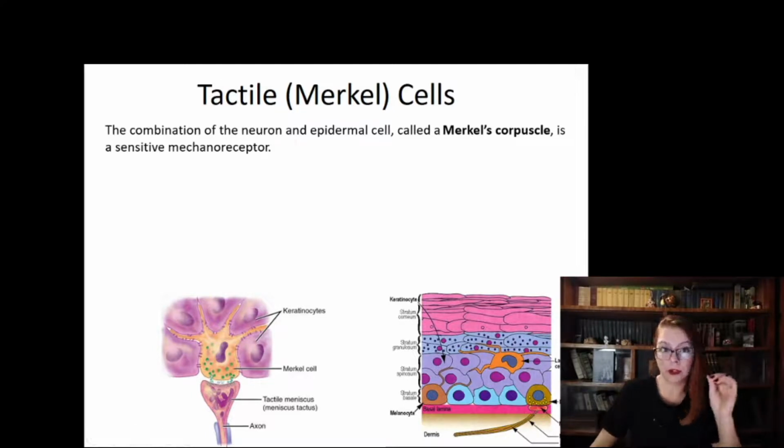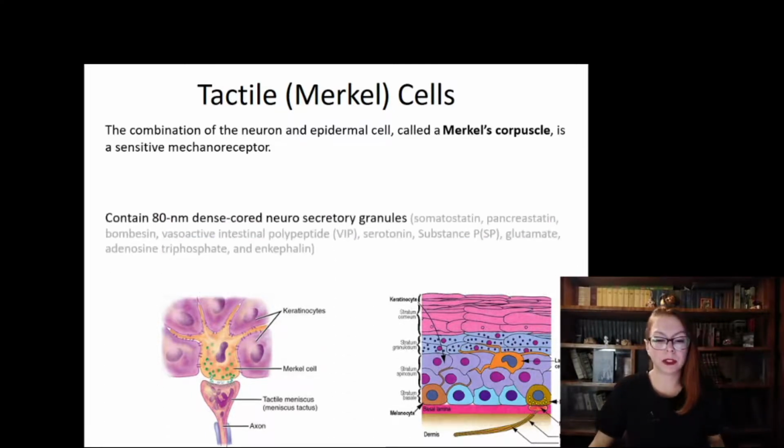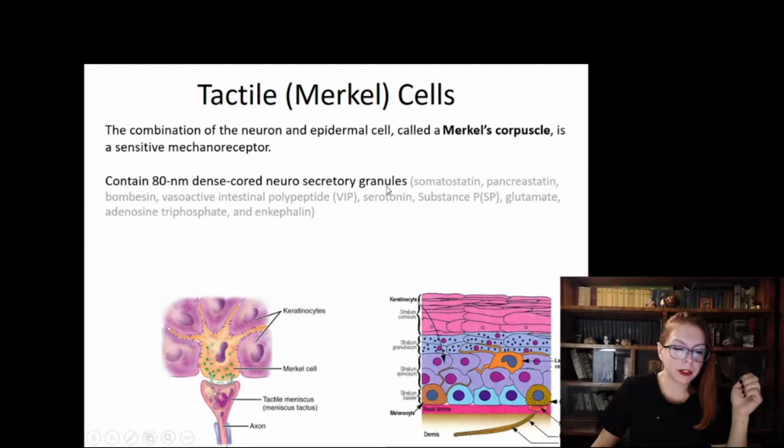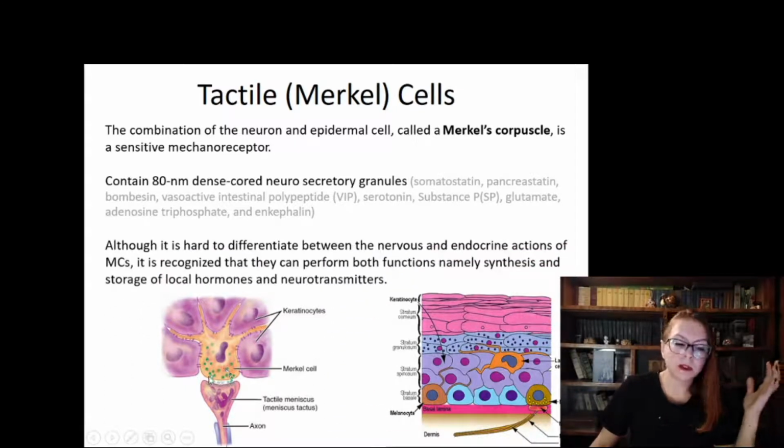Yeah, the light touches are perceived by this cell. Then also they contain granules with neurosecretory peptides, and they are listed here. We do not ask you to remember all of them, but just remember that those granules are present, and it is believed that the granules are used as neurotransmitters as well as for paracrine action as hormones.